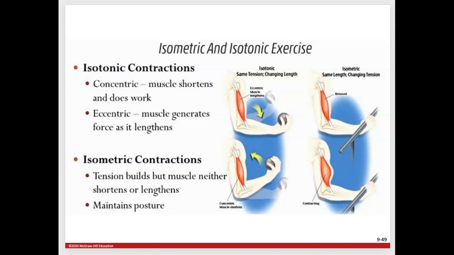Of course, it's a little different now that most places are just using paper, because the plastic bags were easier to hold this way. But anyway, isometric contractions are when the muscle isn't really changing in length, but it is working, if you will. And an example would be maintaining posture.